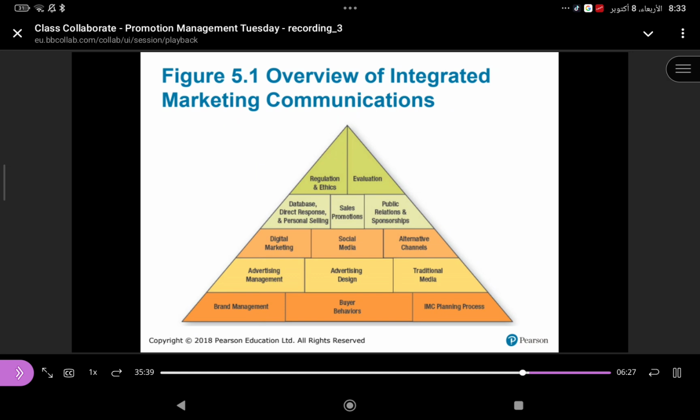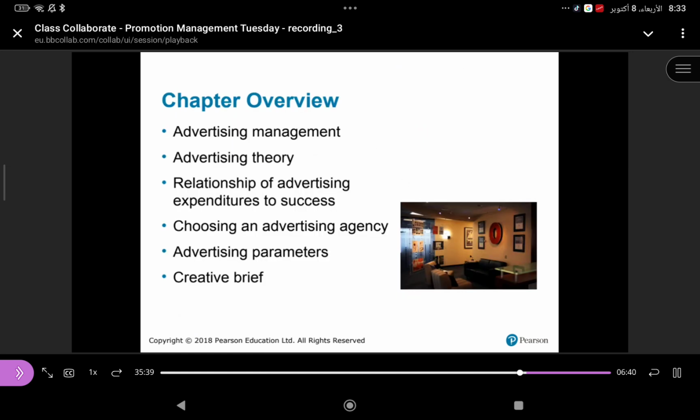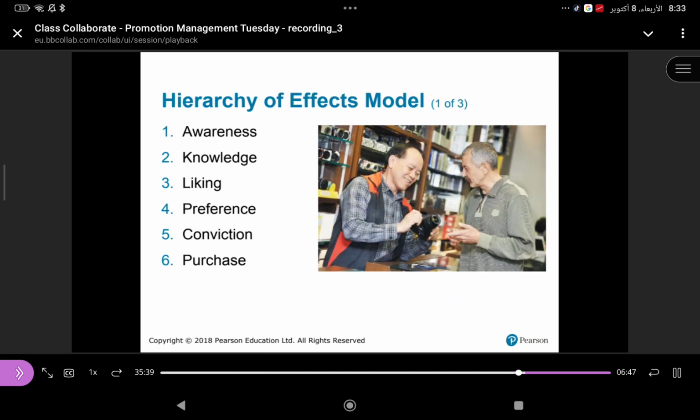They don't want to mislead, etc. There should be comparative advertising rules. Protection of vulnerable groups should be there. Health and safety restrictions.